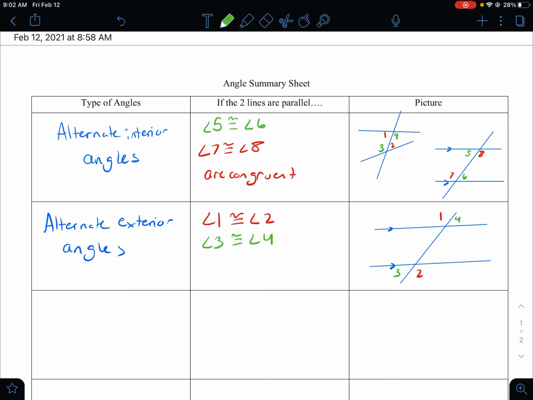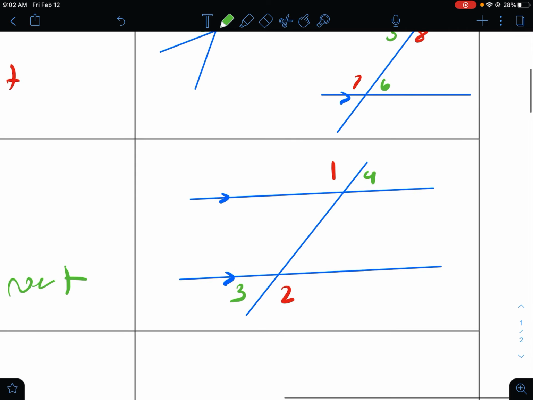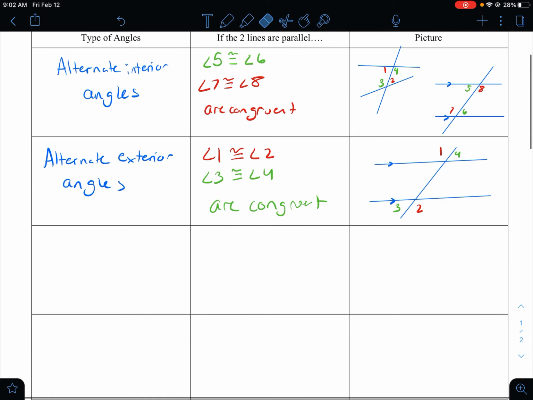So you could say alternate exterior angles are congruent. So what does that mean? Like if I gave you a picture like this and said angle 3 was equal to 40, well, you would know automatically that angle 4 was equal to 40 because they are alternate exterior angles, and these are two parallel lines.